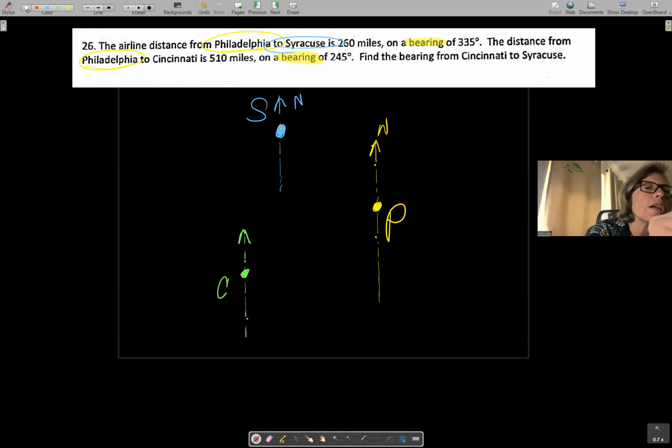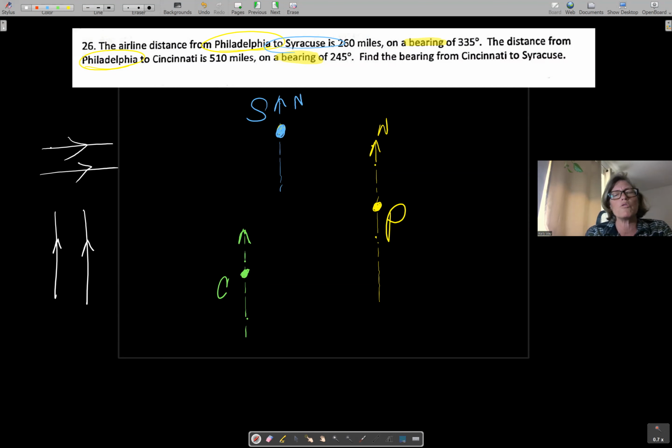One little trick of the trade, just like when you're dealing with horizontal lines and angle of elevation and depression, it always involves parallel lines. When you're dealing with bearings, because bearing by its nature is always dealing with the north line, when you draw it, they look vertical. So you're also always dealing with parallel lines.